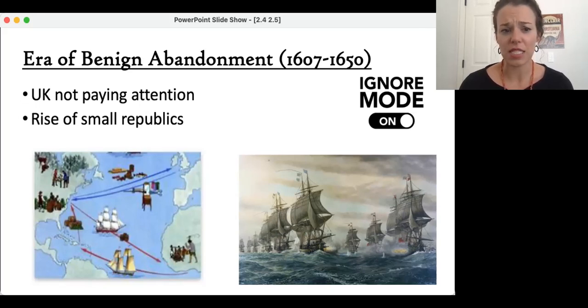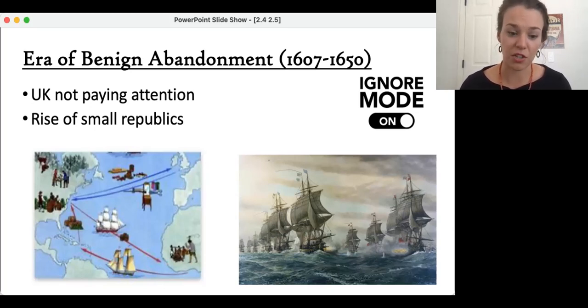So this, in many ways, is sort of the rise of many small republics. Each colony had developed their own sort of colonial legislature. So sure, colonies had a governor from England who could veto laws, but these governors were dependent on the colonists, right? It's not like they could anger all the colonists and be like, I'm just going back to London, no big deal, right?